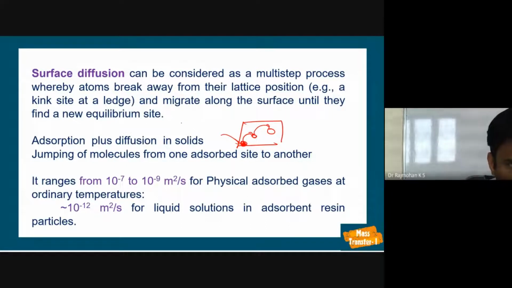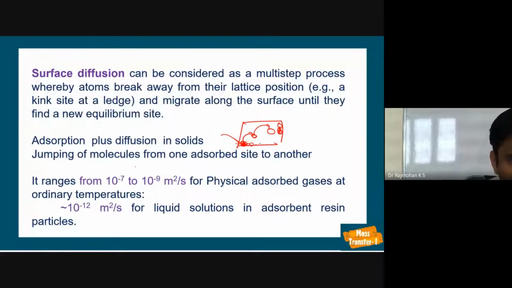It is a multi-step process whereby this atom in bond will break the bond with its neighbor atom in the lattice position and migrate along the surface until it finds a new equilibrium site. It will reach a new place until it makes a bond with another one and settles there. So this surface diffusion will keep taking place.